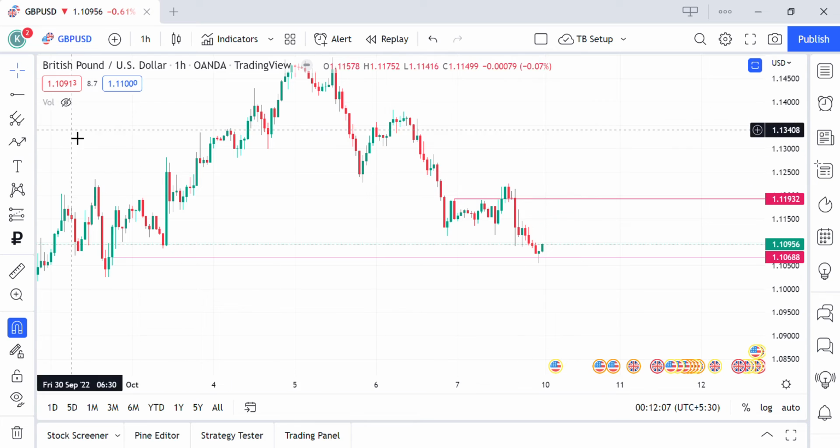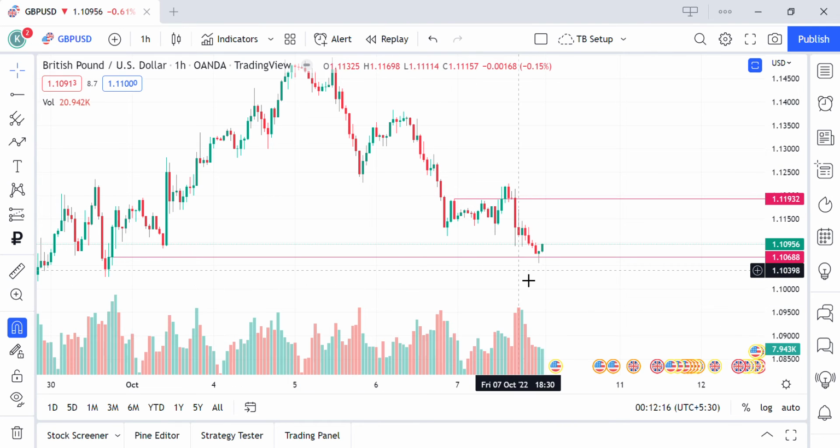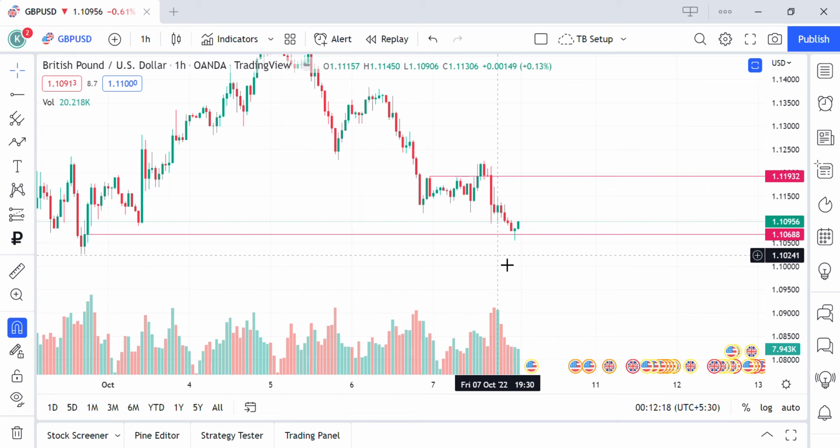And to add context that price may reverse from this level, let us also bring in the concept of volume. If you see the volume histogram, price has come lower from this level to this level. However, there is divergence of price in terms of the volume histogram from this point to this point.